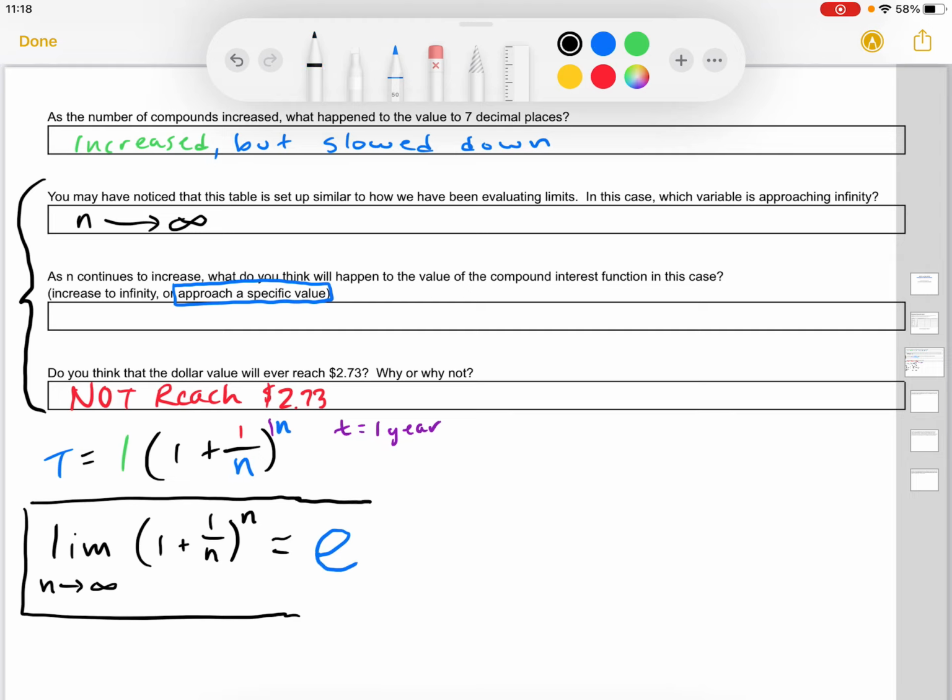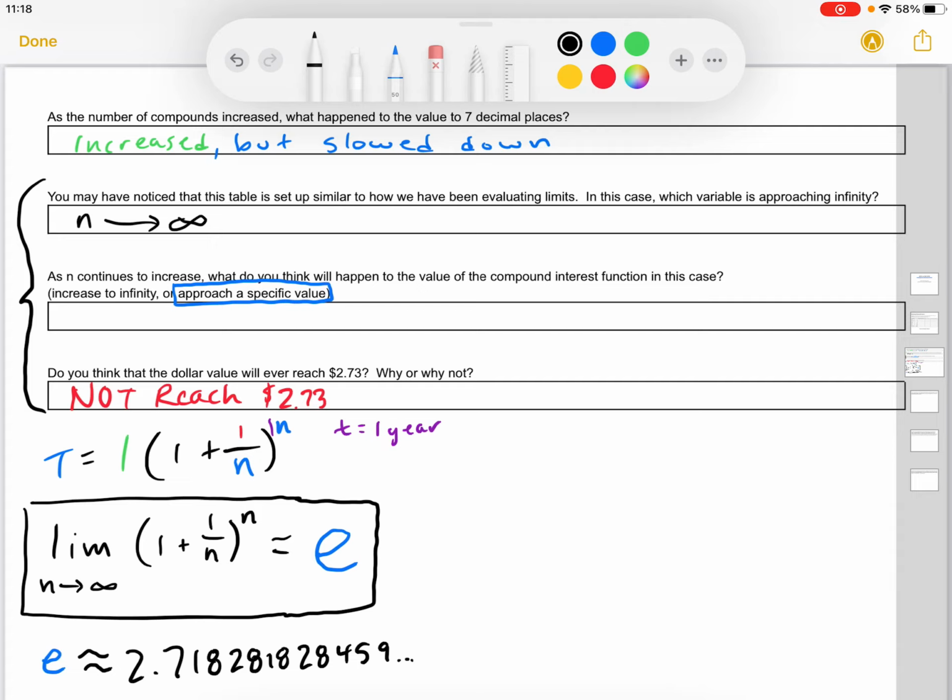Okay? Now, e is very much like pi. Okay? It represents a specific value. So here, e is equal to approximately 2.718281845 continued.